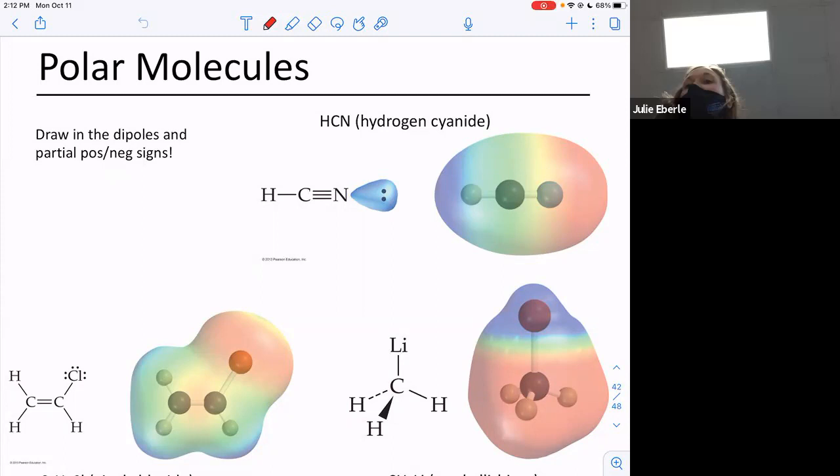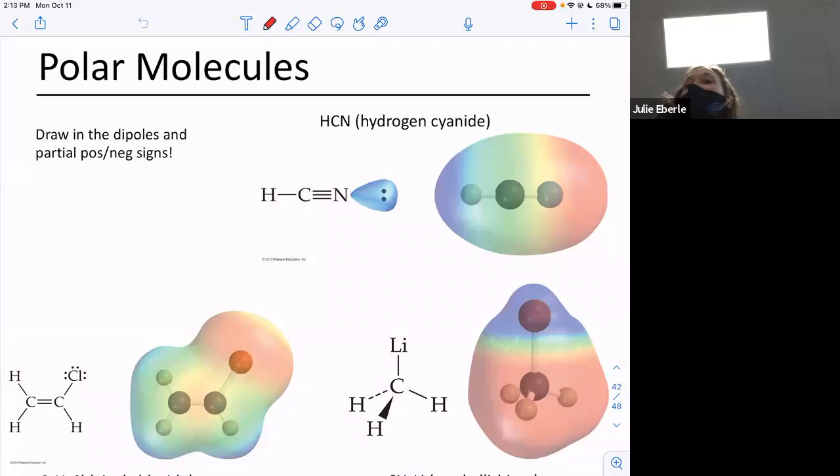I tried to drive home in lecture that a carbon-hydrogen bond is always a non-polar bond. You should never even have to calculate that in your head. The electronegativity difference is 0.4. Carbon is 2.5, hydrogen is 2.1. People look at the chart. So the difference is always 0.4, never polar. So this is not polar.